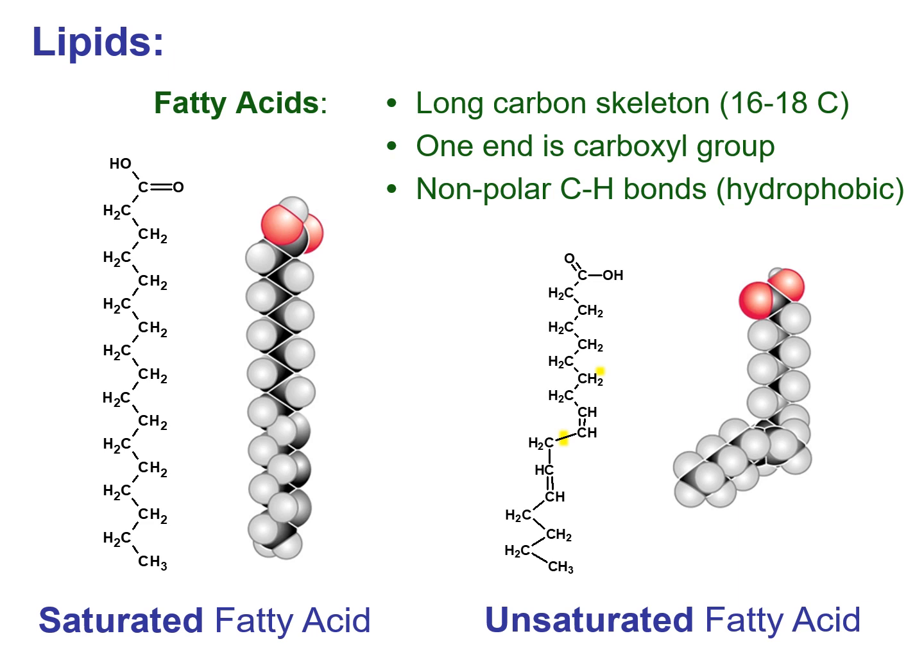Now imagine that we introduce a double bond into the backbone of the fatty acid. In order to introduce a double bond, we have to lose 2 hydrogens. And you can see that the example here has 2 double bonds within the carbon backbone. And in each occurrence where we have a double bond, we're missing 2 hydrogens.